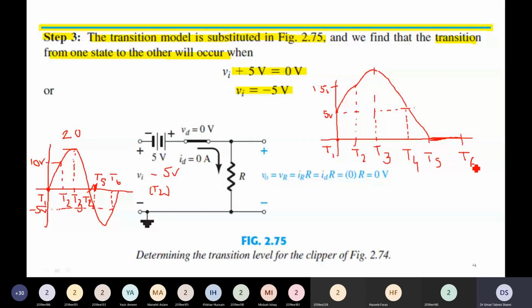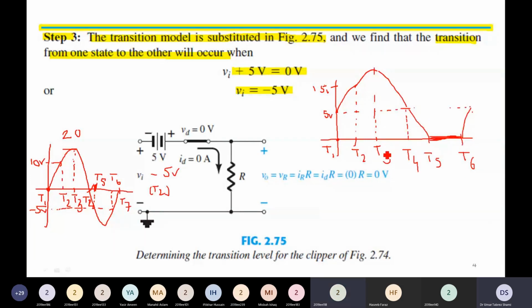But if we take a time after t6, for example t7, where the input voltage is now 0 volt, this input voltage being added with the series 5 volt will produce an output voltage of 5 volt again.